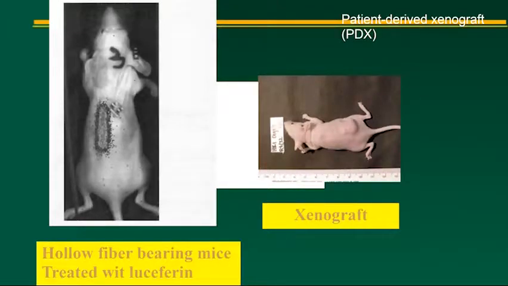But I would like to insist more on the right picture of the animal. This is an animal that is immunocompromised. As you can see on its back, you can see a tumor burden. And this tumor is composed of human cells. So this is one of the most clinically relevant models because we are able to grow human tumor cells in this animal.